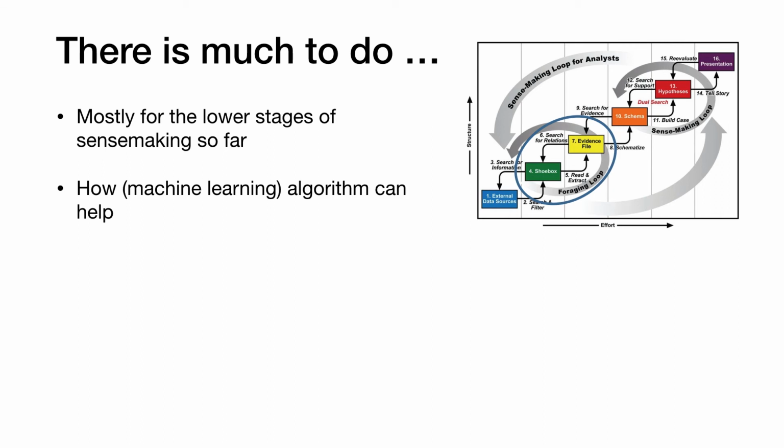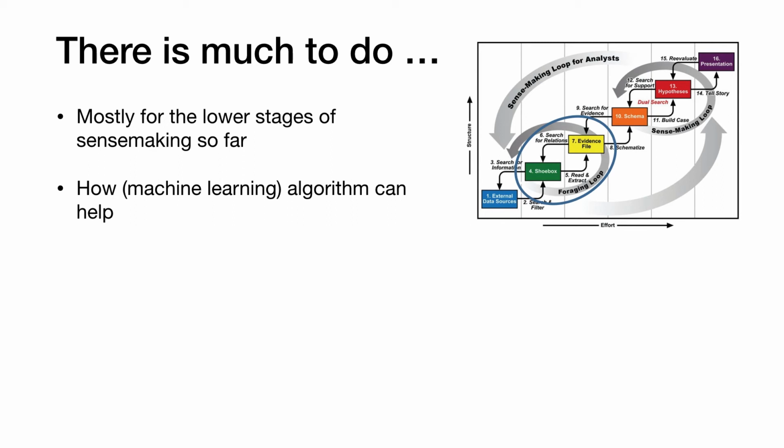It allows you to identify the relevant information during the sense-making process and easily get back to them. But what is not supported yet is the schematizing, the hypothesis, and the presentation stages, which is lots more work to do.